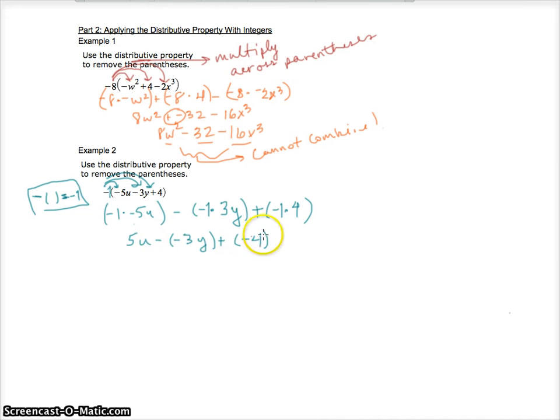Now I can't put these minus minus and plus minuses into Alex, so minus minus becomes add the opposite, which is plus plus, keep change change, so I have 5u plus 3y, and then this plus minus becomes minus 4. Cannot combine these because they're not like terms, so you have to just leave them.